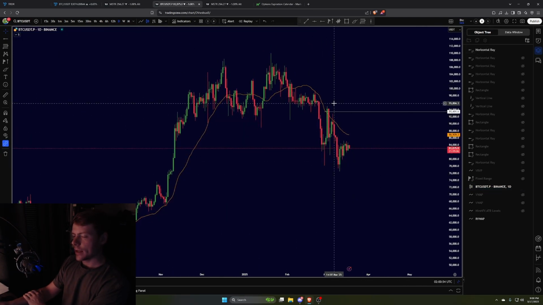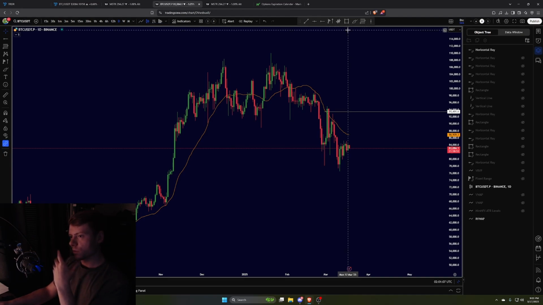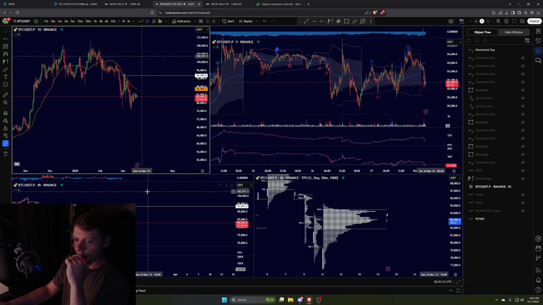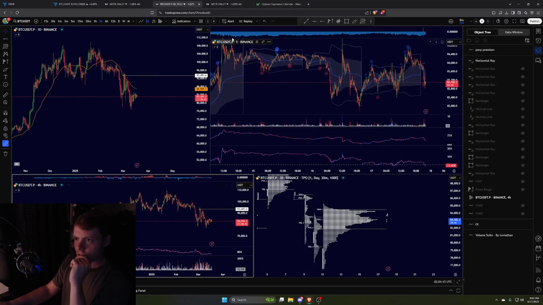I'm trying to word this correctly. It can tell you where risk is being put on and who's in control, right? I mean that's what a VWAP does essentially, but I think it's really powerful. Let's add it on here as well.